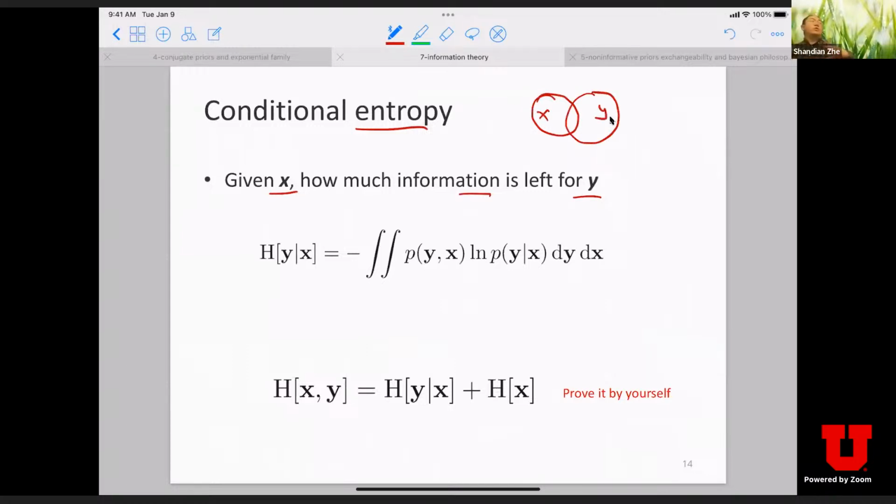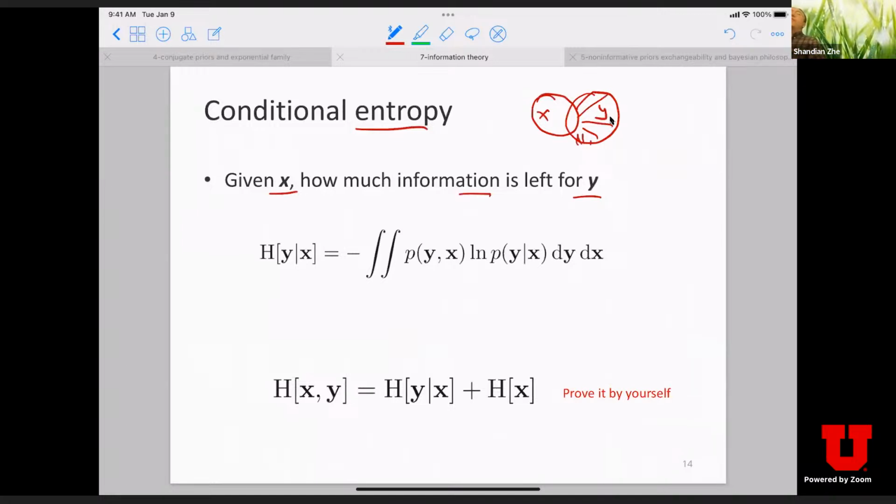We use the area of those circles to represent the information content in each variable. So conditional entropy measures, given x, what is the remaining information in y. That means you exclude the overlapping part and look at the remaining area of y.